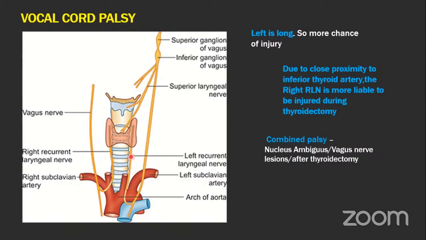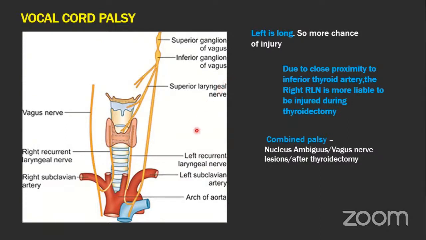So which one is longer? The left is longer. So obviously, more chance of injury to the left recurrent laryngeal nerve, because it has a longer course and is more vulnerable to injury.